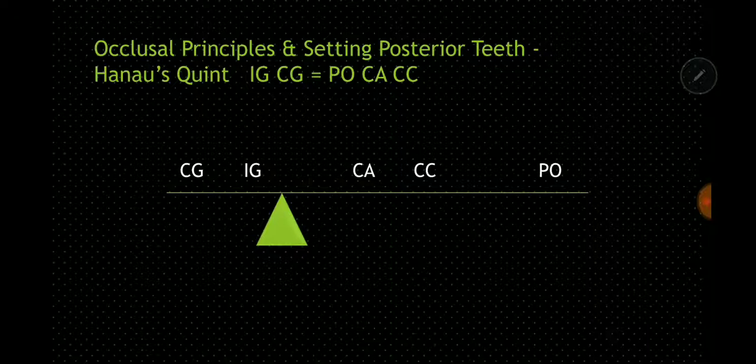Okay, Hanau was a dentist, and he came up with this principle of ideal occlusal determinants. Okay, so 5 determinants that affect occlusal balance. You have the condylar guidance, incisor guidance, and on the other side you have cuspal angulation, compensating curve, and the plane of occlusion, which you can change.